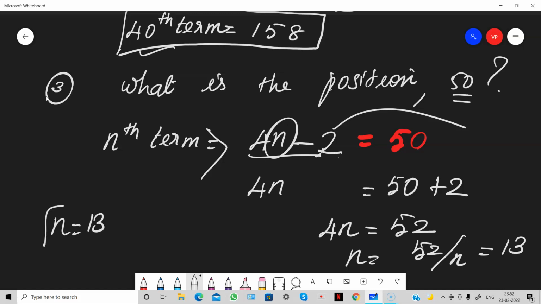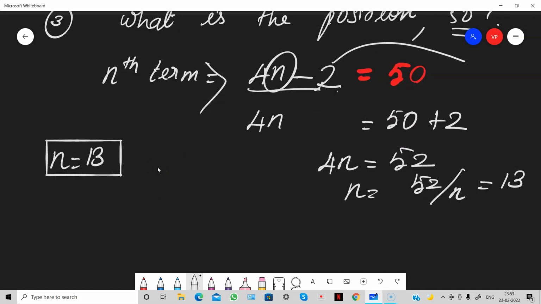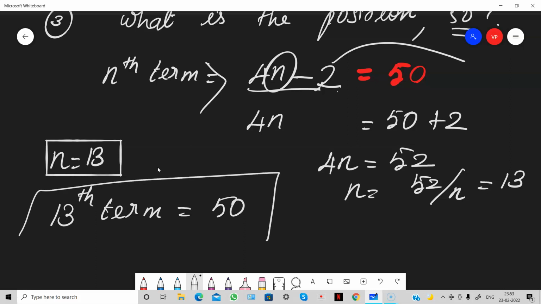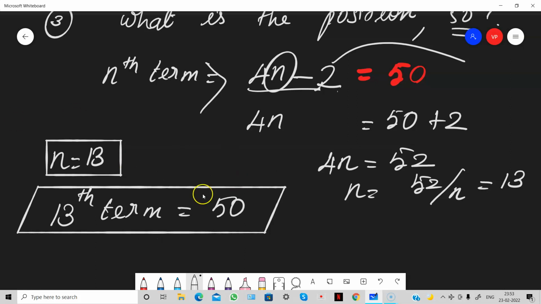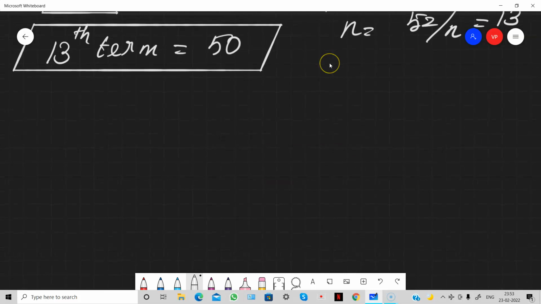What do you mean by that, students? It is the 13th term. The 13th term is 50. Can we check? Yes, absolutely, we can check the answer. How will you check? Take your nth term, 4n minus 2.